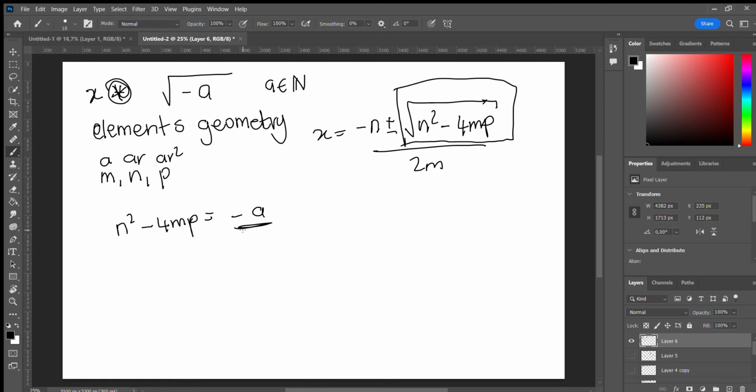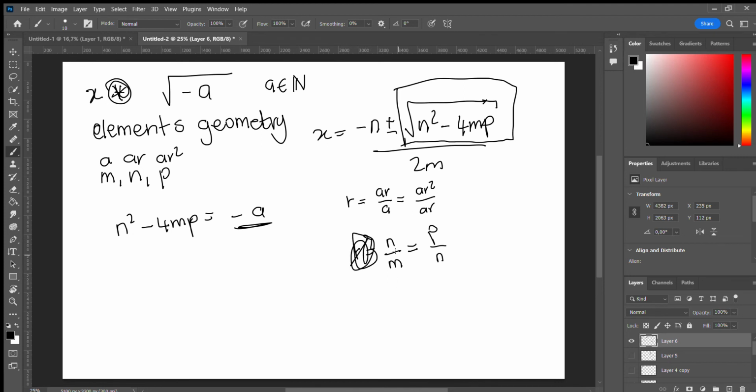We know that these are geometric sequences, and in geometric sequences r equals ar over a, which equals ar squared over ar. R will then equal n over m, which equals p over n. Losing the r, we don't need this part.